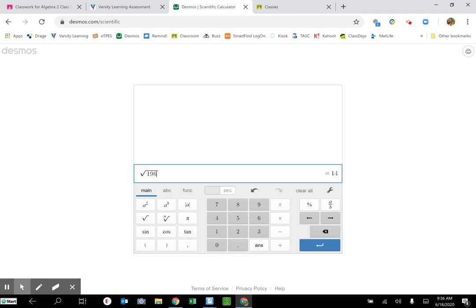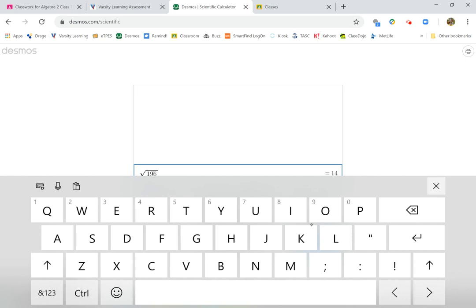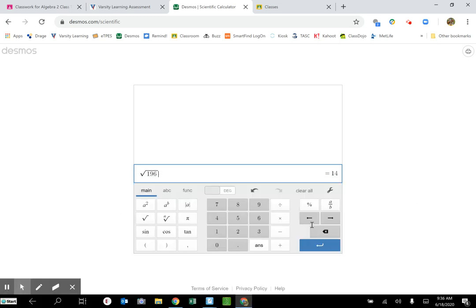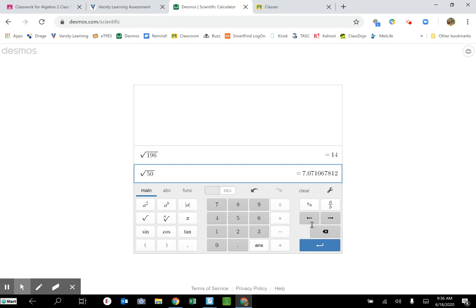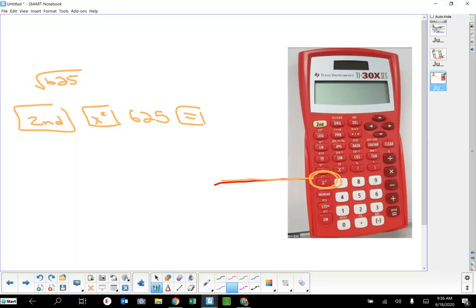Now, again, whole number, right? If you don't get a whole number, let's just do the square root of 50. If you get a decimal value like we do here, then this is not a perfect square and it is completely unhelpful to us in these problems. So that covers your calculator usage.